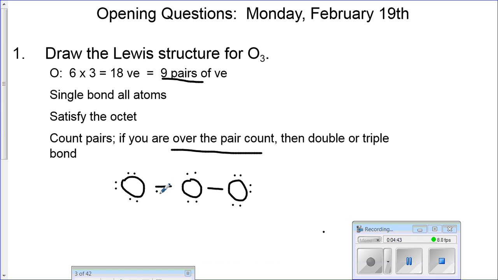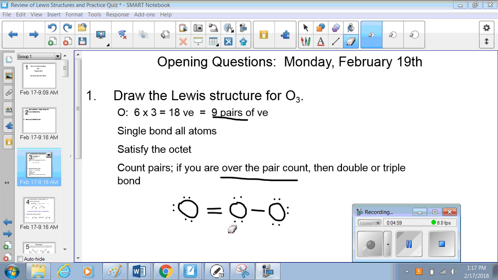So I can put a double bond right here. And if I put that double bond there, I need to get rid of some pairs of electrons so that I still have an octet of 8 valence electrons around each oxygen. So once I make that double bond, I need to get rid of some of these electrons. I'm going to get rid of this pair right there. Now this oxygen has 4 pairs, or 8 electrons.